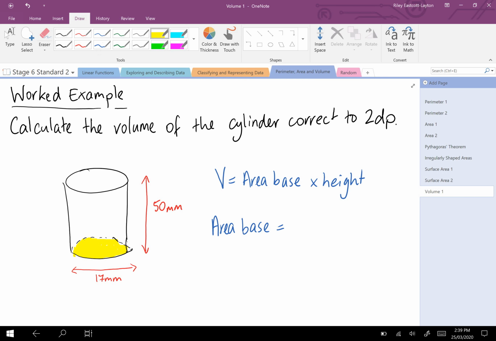Now we're all pros at circles, and we know that the area of a circle is pi r squared, which is going to be pi times by, now here we've got a diameter of 17, so we have to halve it, or divide it by 2, squared. Put that in our calculator, and we've got pi times by 17 over 2 squared is 226.98, dealing with area.